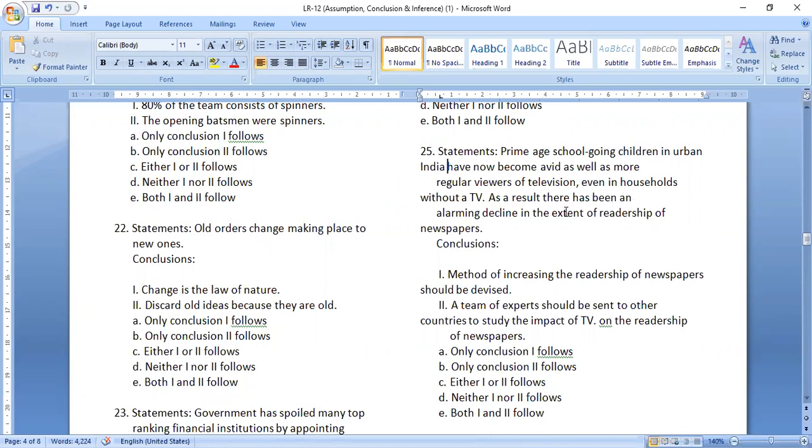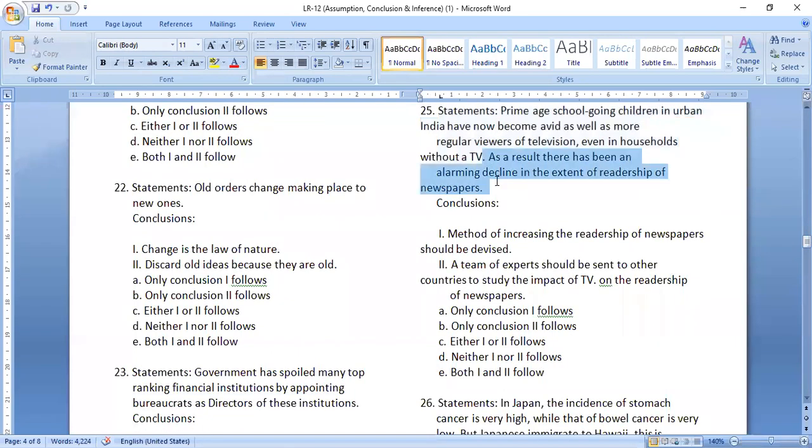As a result, there has been an alarming decline in the extent of readership of newspapers. So they probably go to their friend's house and watch TV. So that's the statement.